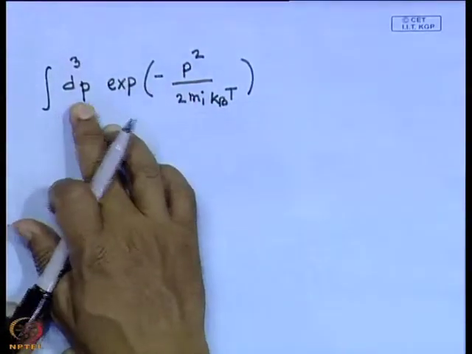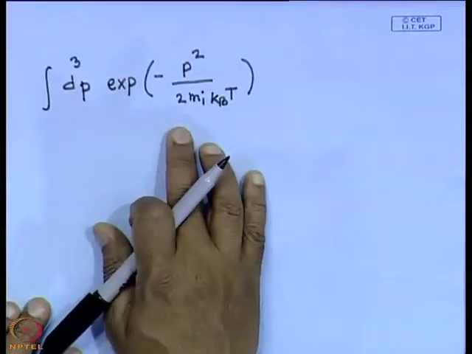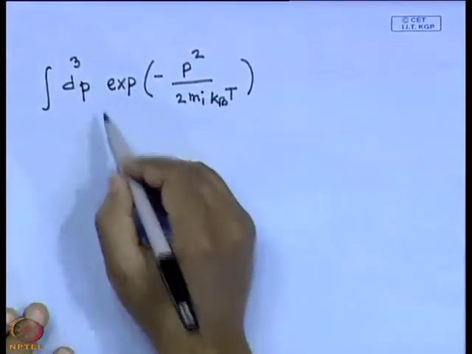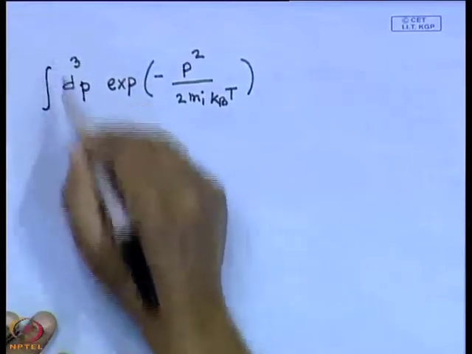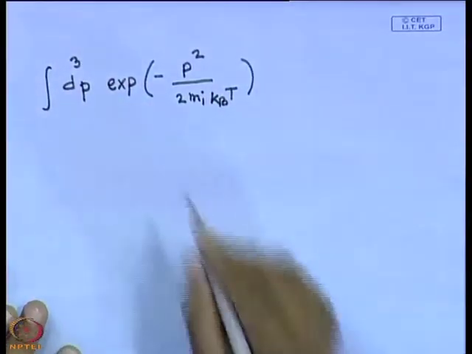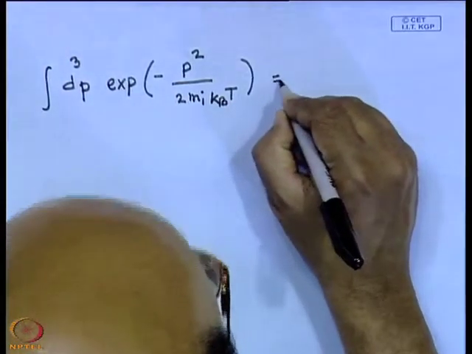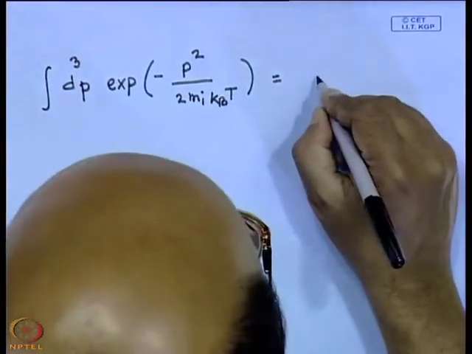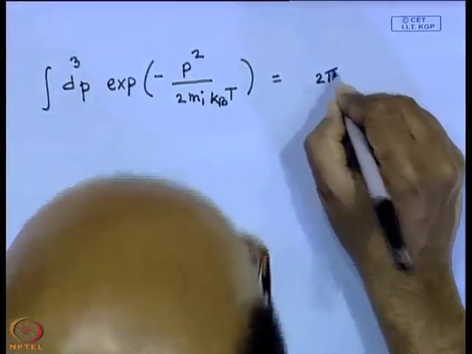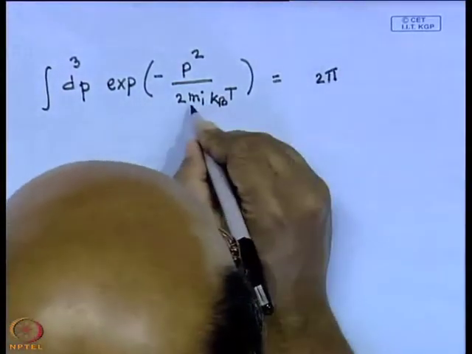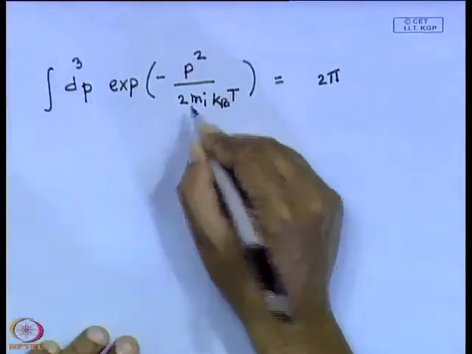There are basically 3 Gaussians in this, 3 different Gaussians, each of them being integrated from minus infinity to plus infinity. So, each of these integrals gives us a factor 2 pi into this number over here.